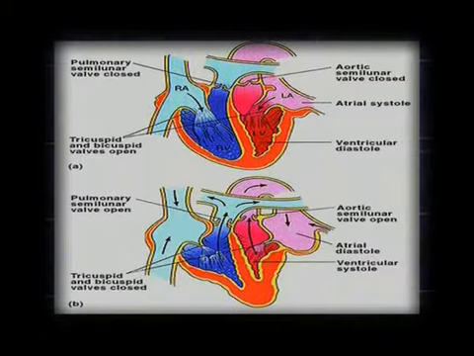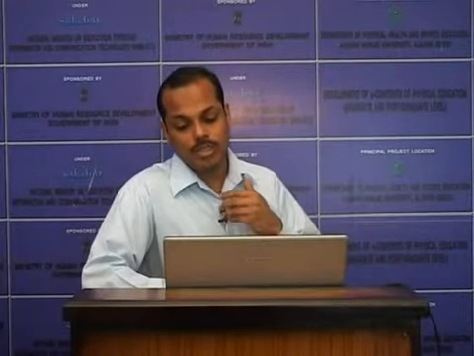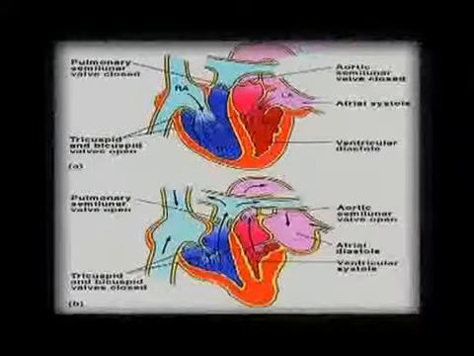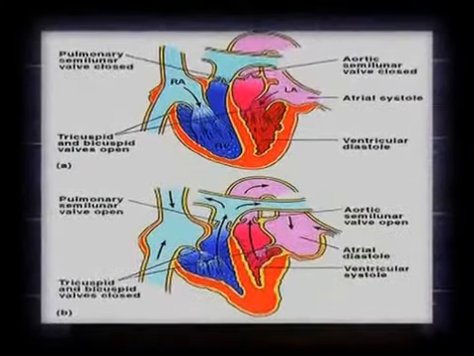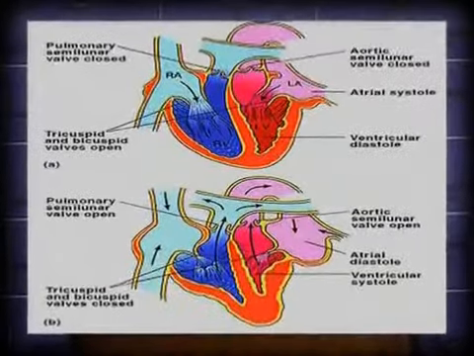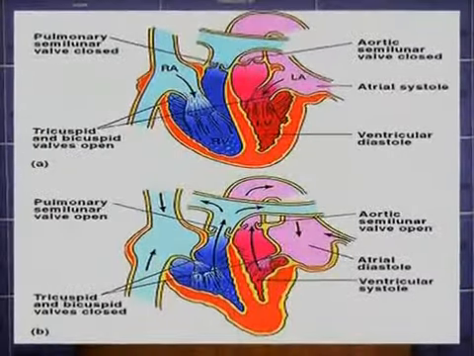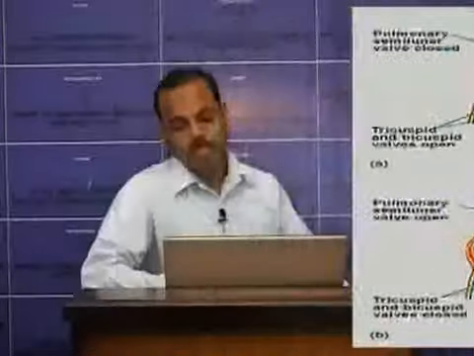Then, in the next stage, ventricular systole first phase starts: ventricular contraction pushes the atrioventricular valve closed, but does not create enough pressure to open the semilunar valve. In the second phase, ventricular pressure rises and exceeds the pressure of the arteries, the semilunar valve opens and blood is ejected.